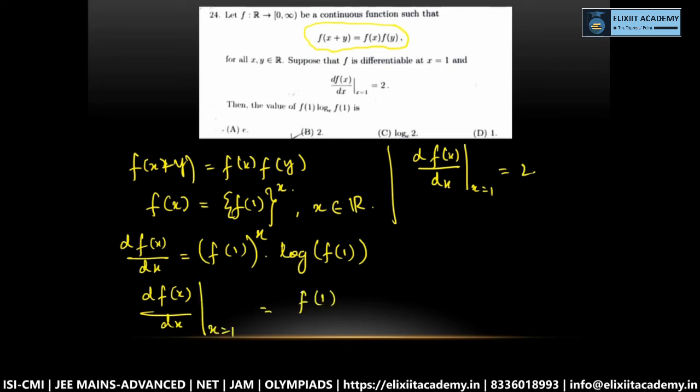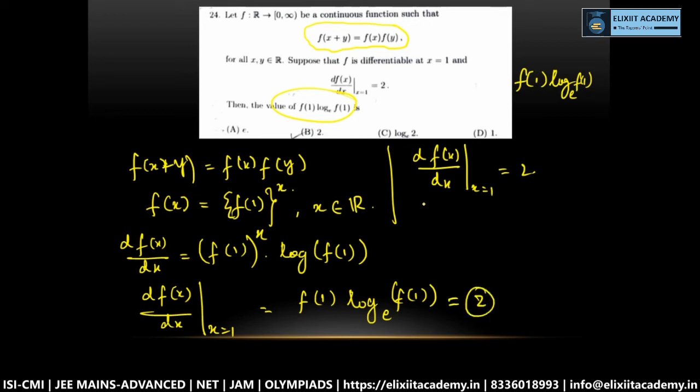So this is f(1) whole to the power 1, and this is log of f(1) base e. And that's what you're asked to find actually. You're asked to find the value of f(1) log f(1) base e, isn't it?